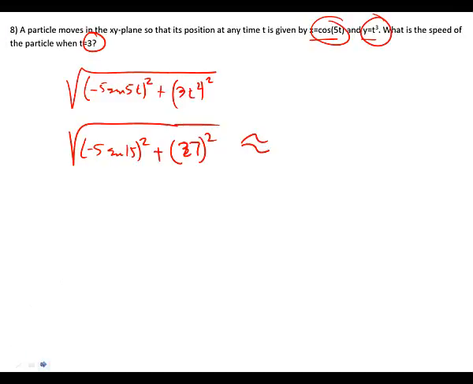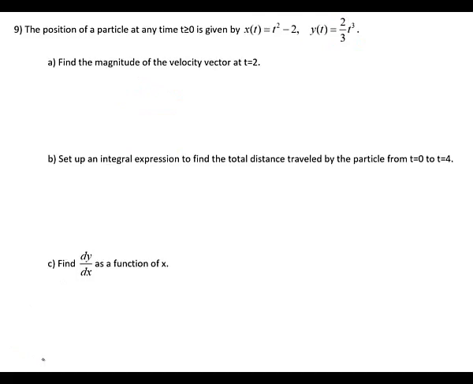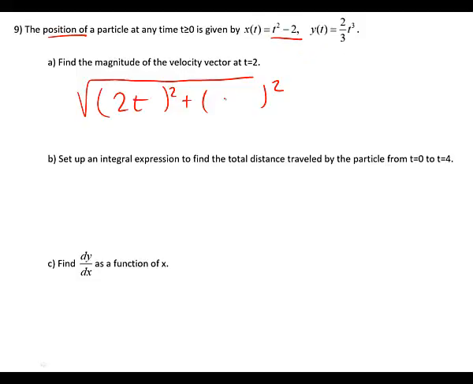Number 9. Okay, remember 9, we're getting rid of D. We're only going to do A, B, and C. So the magnitude of the velocity, we've done it like 5 or 6 times at least. They give me position. How do I get the velocity? Derivative, but the magnitude of the velocity is basically the two derivatives squared, right? So what's the derivative of this first thing? 2t, and the derivative of the second thing is 2t squared.